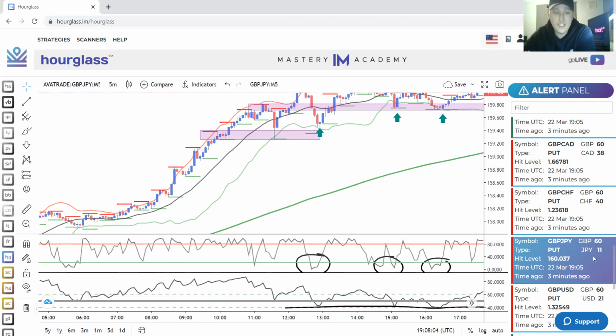So that's a massive difference in the currency strength. So that's two of our confirmations ticked off. And then our third confirmation would be that the RSI, which is the momentum indicator down here, is well above that green dotted line, which it is. So that's the third confirmation.